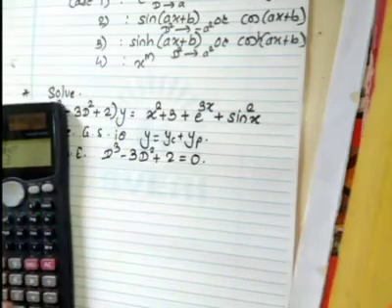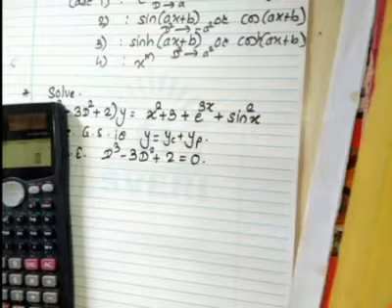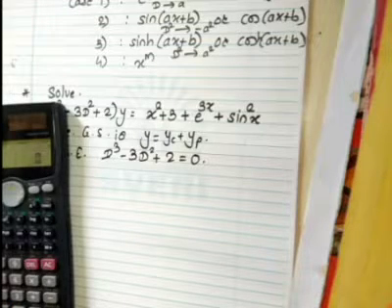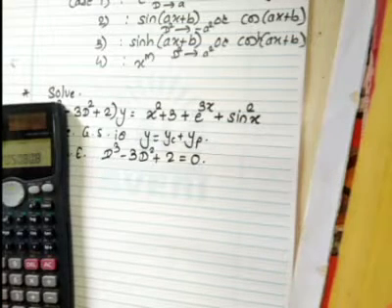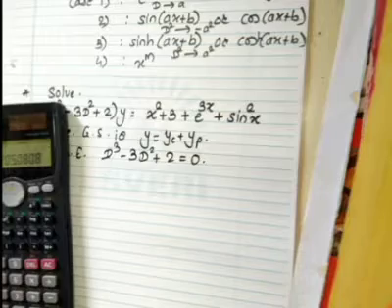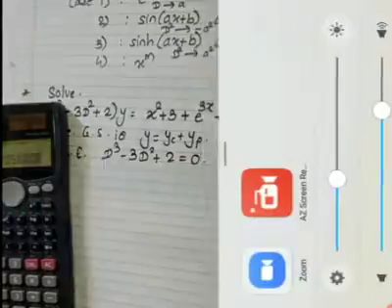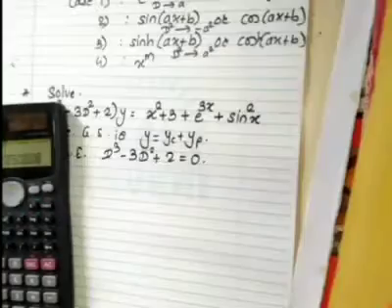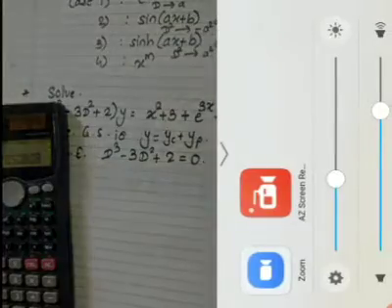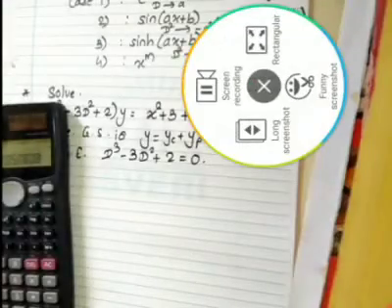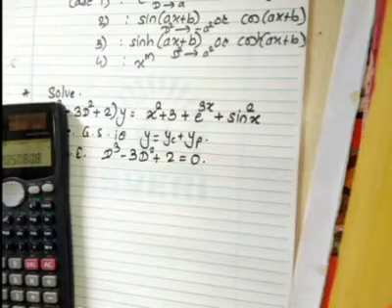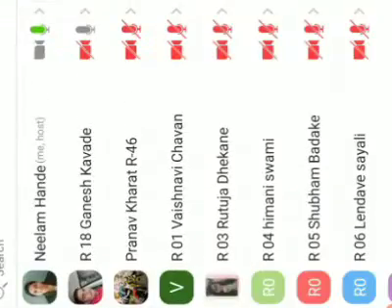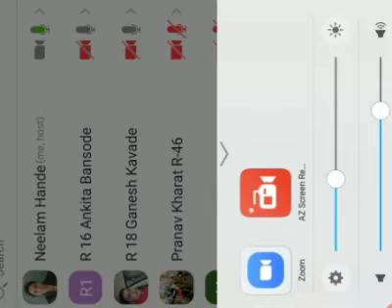It is degree 3, a is 1, b is minus 3, c is 0 and d is 2. Find out the root and tell me the value of the root.